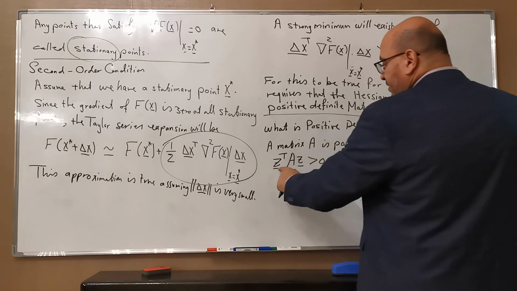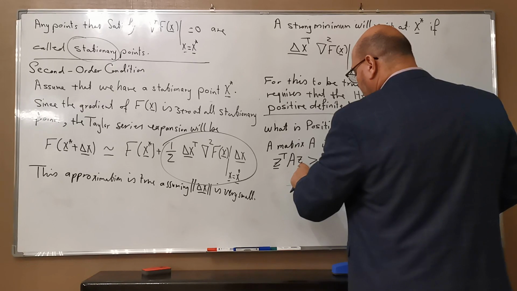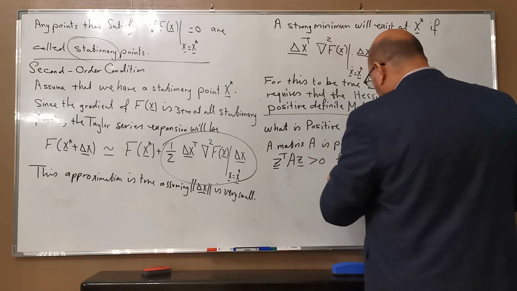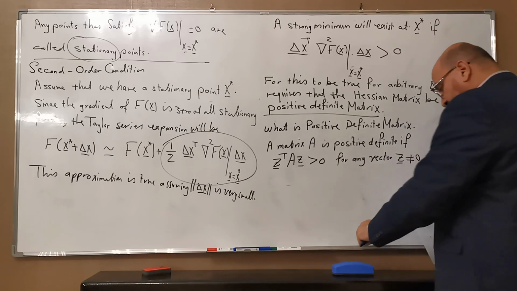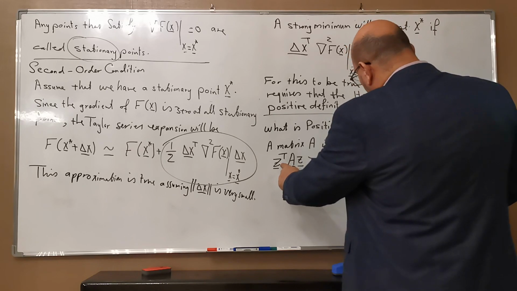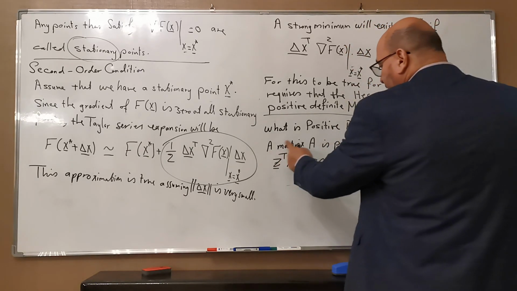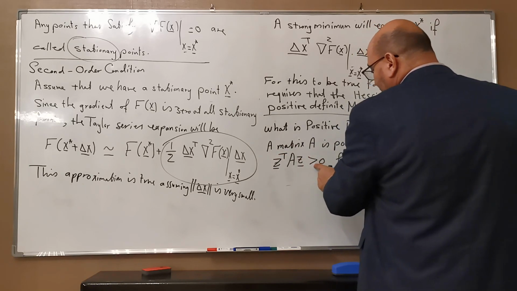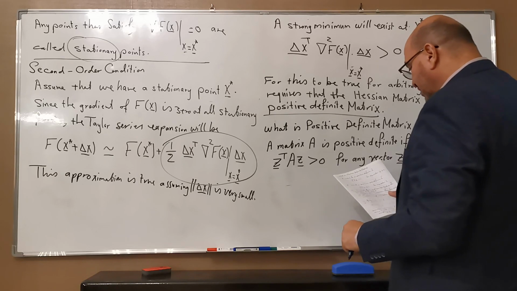So for any arbitrary vector Z, if you have Z transpose A times Z greater than 0, then the matrix is called positive definite. Okay? You can pick a positive Z, negative Z, as long as Z does not equal 0, and you multiply this, you get it greater than 0, then the matrix is positive definite.